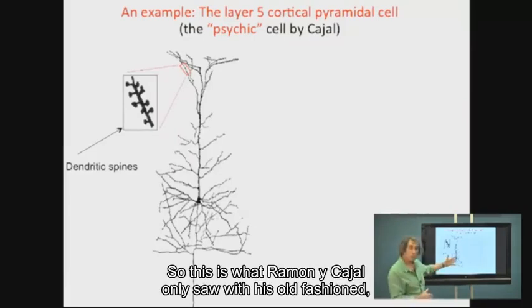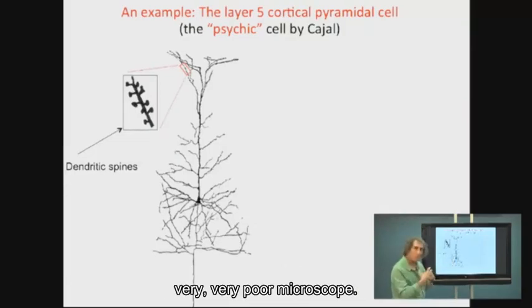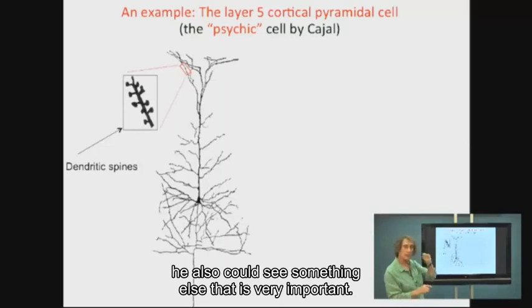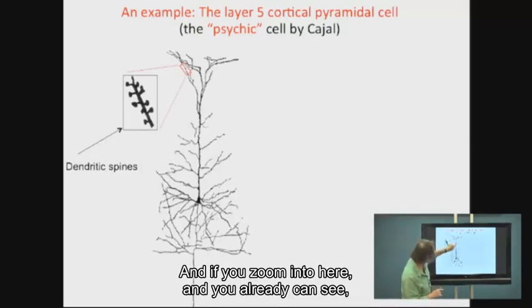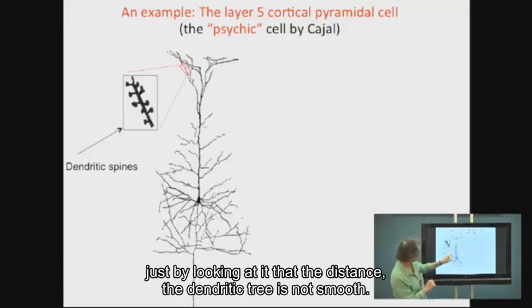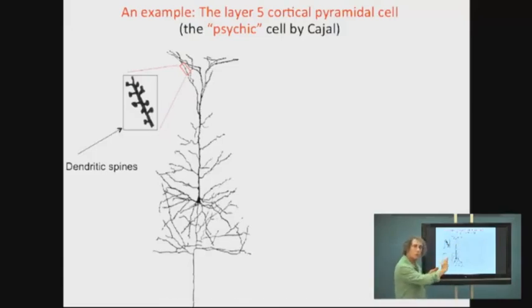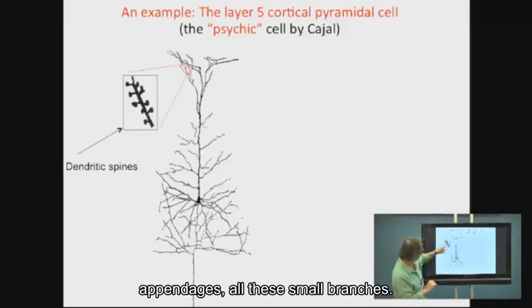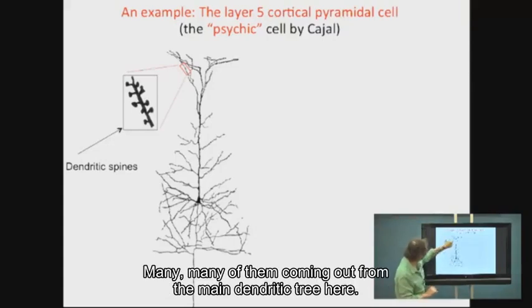So this is what Ramon y Cajal already saw with his old-fashioned, very, very poor microscope, and he drew this pyramidal cell, but he also could see something else that is very important. And if you zoom into here, you already can see just by looking at it that this dendritic tree is not smooth. But if you zoom in, you see that the dendritic tree consists of all these little appendages, all these small branches, many, many of them coming out from the main dendritic tree here.